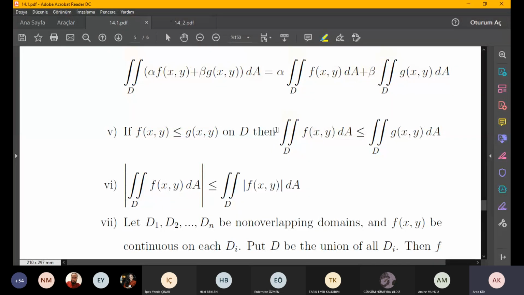So also you can compare the volumes which are represented by those double integrals in that way.